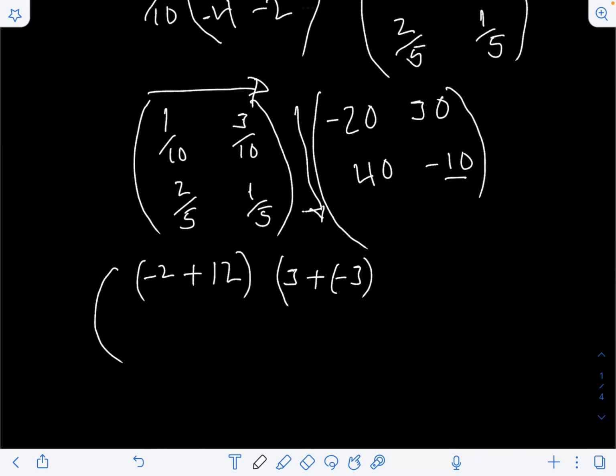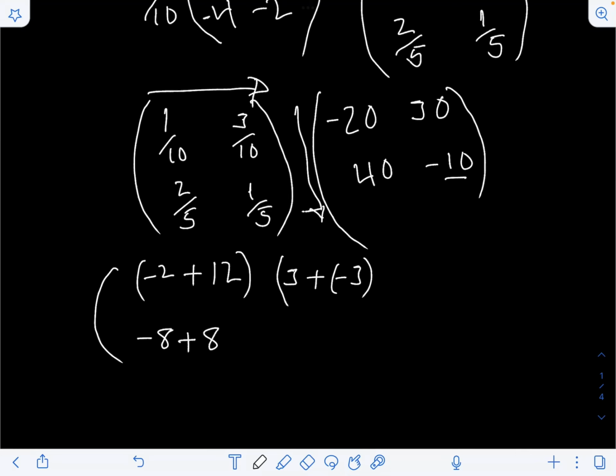Then the second row times the first column will give us 2/5 times negative 20, which is negative 8, plus 1/5 times 40, which will give us positive 8.